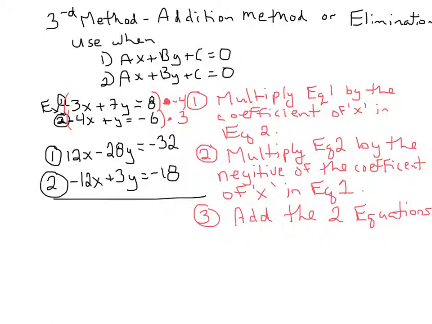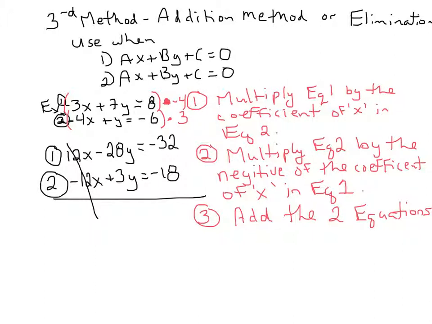What is 12 plus -12? 0. Positive plus its negative, they cancel out. The reason that we did step 1 and 2 was so that these two things would cancel out. If you do step 1 and step 2 right, they will always cancel out.